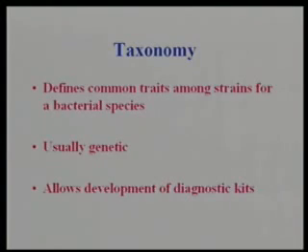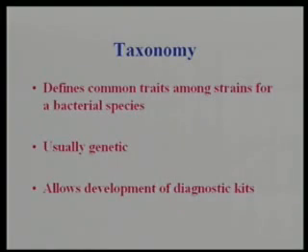Now, that doesn't mean for $10,000 you get a genomic sequence. What it means is you get bits and pieces of the genomic sequence and you have the job of putting it together. But that's the situation we're in at the moment. We're in a genetic age, a genomic age in terms of taxonomy. And I didn't say in terms of the clinical microbiology laboratory. That's a big difference you'll see as we're going along.